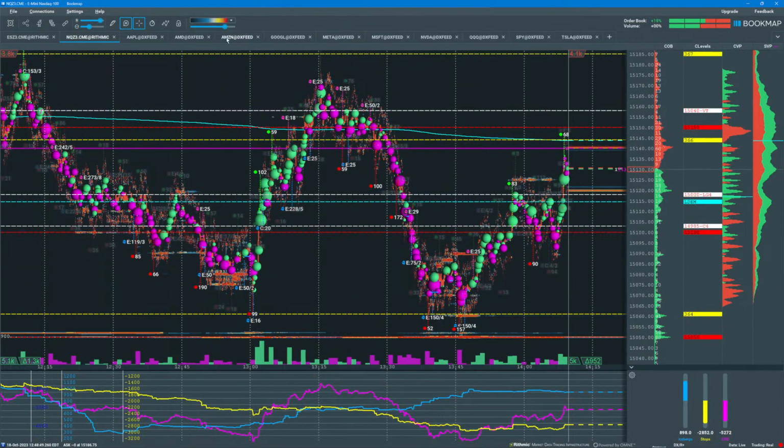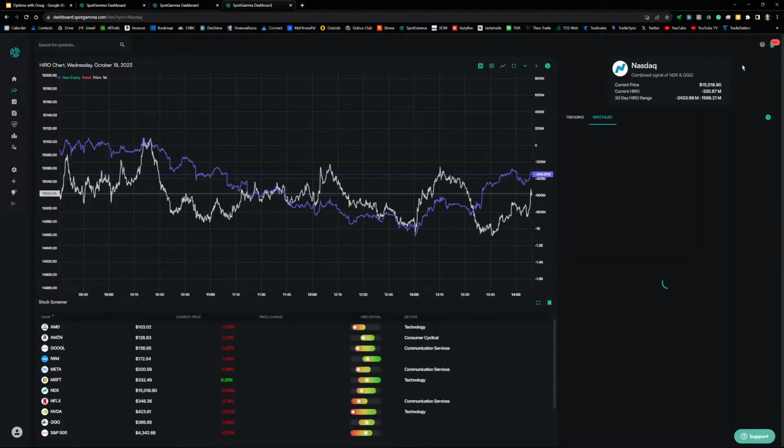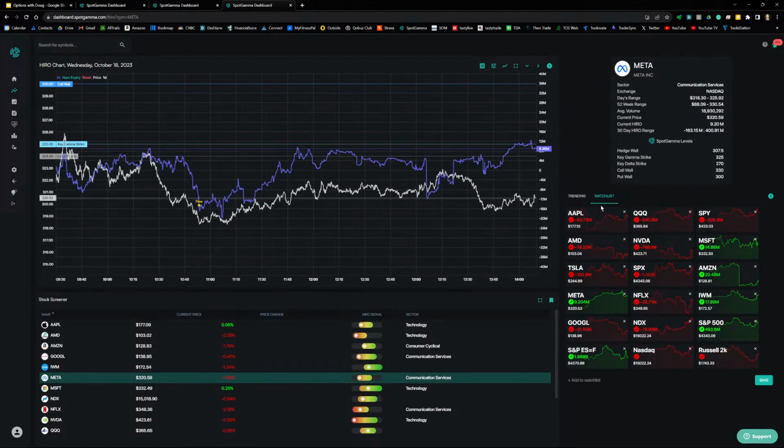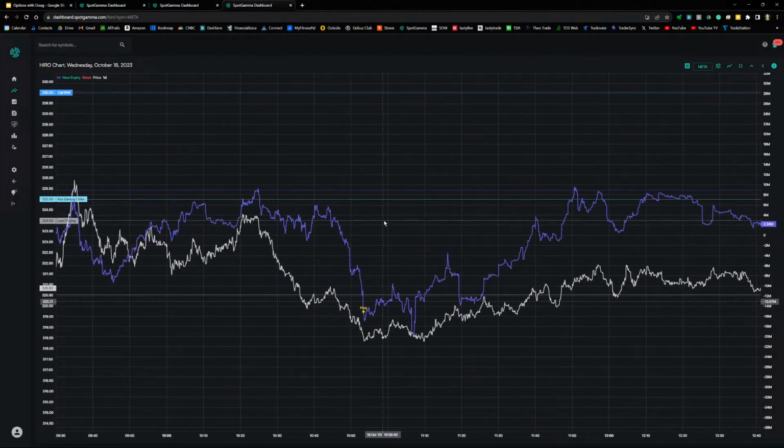First stock I want to take a look at is Meta. Let's go back to Hero. Go to Meta. I'm going to zoom in on the morning session.